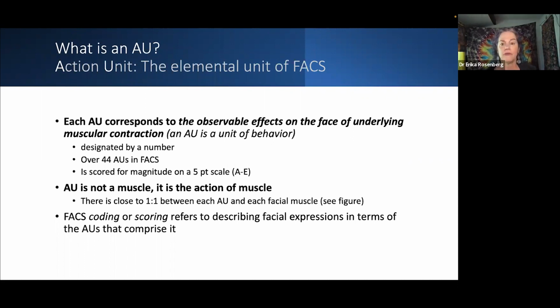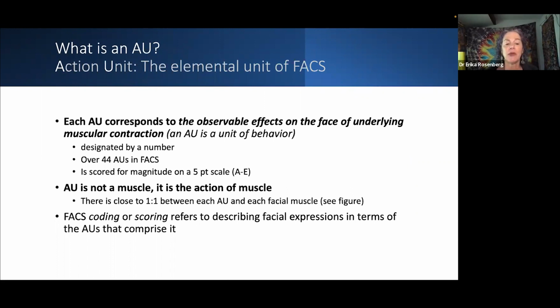Each AU, which has a number, is scored on a 5-point scale. So if you ever see a letter appearing with a number like an A, B, C, D, or E, that is considered an intensity scale or a magnitude of how strong that action unit is. All right, so those are the basics on what an AU is, what it's not exactly. It's not identifying a muscle, it's the action of a muscle.